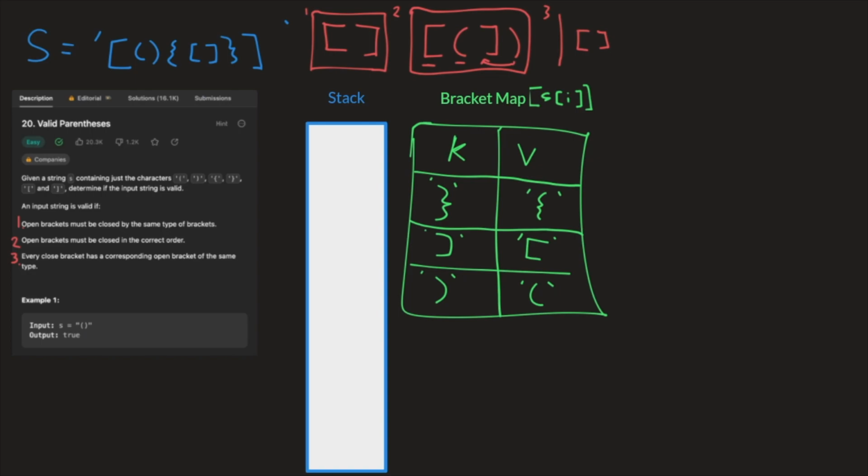So we could not have, for example, this, right? We could not have this because we have an open bracket that has not been closed. And so we would need to add this in here, and there we go. This passes our third test.